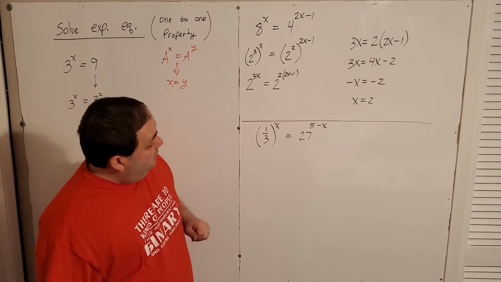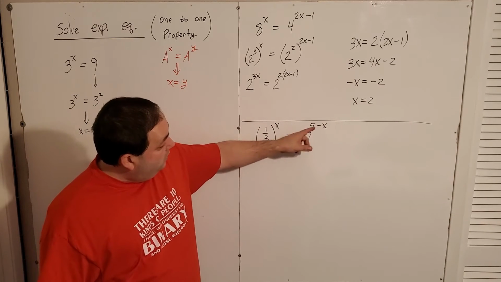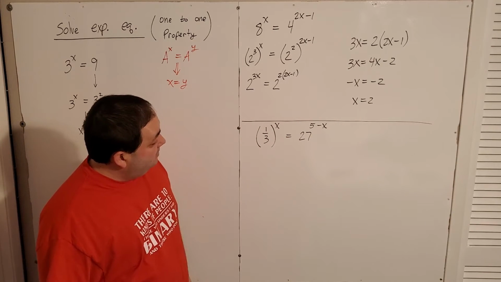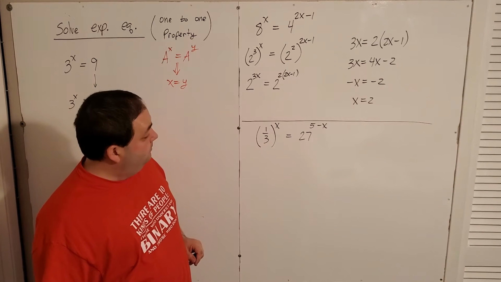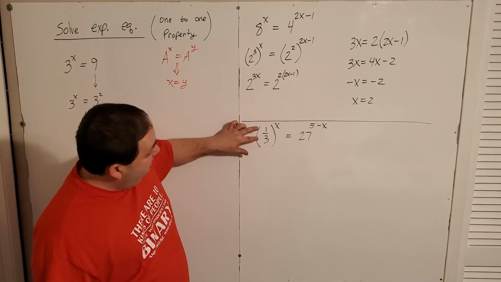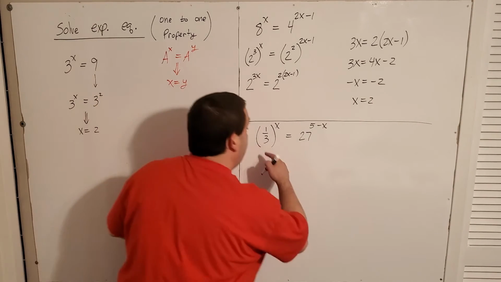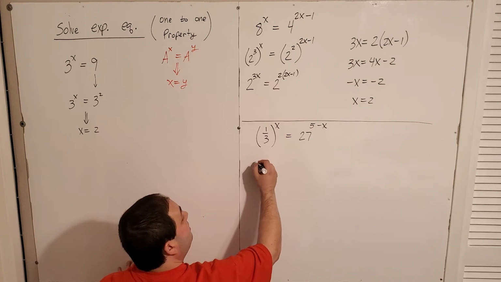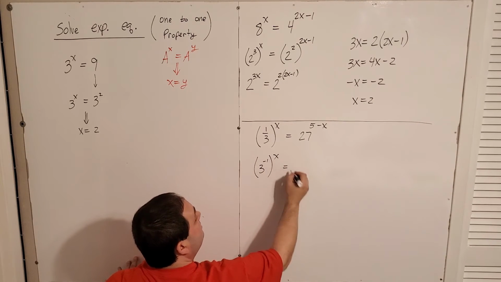Okay, let's try again. 1 over 3 to the x equals 27 to the 5 minus x. I have to write both sides as the same base. Don't forget, fractions I can write with negative powers, right? So this is the same thing as 3 to the negative 1 to the x.